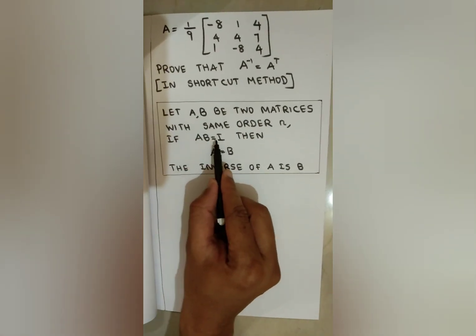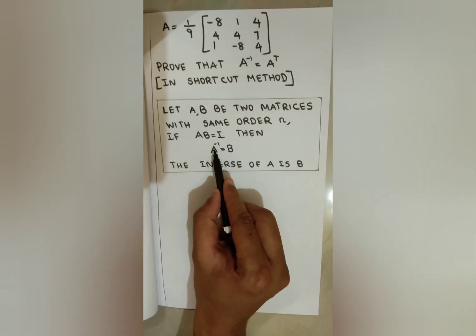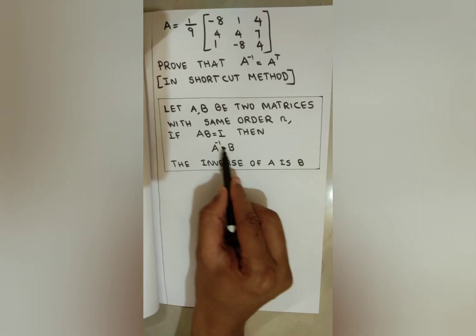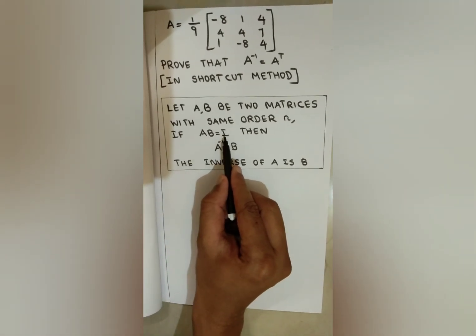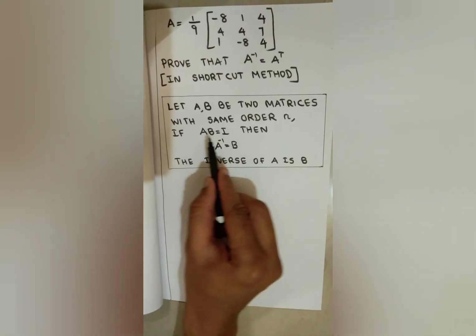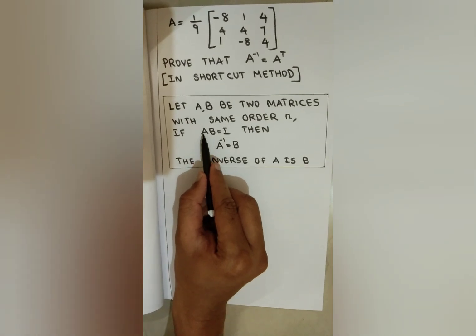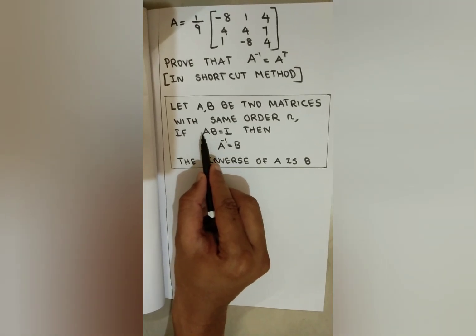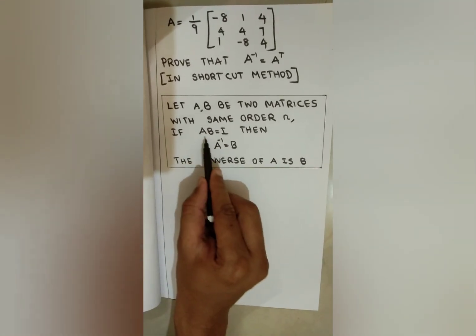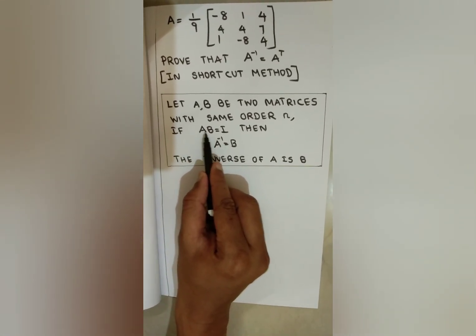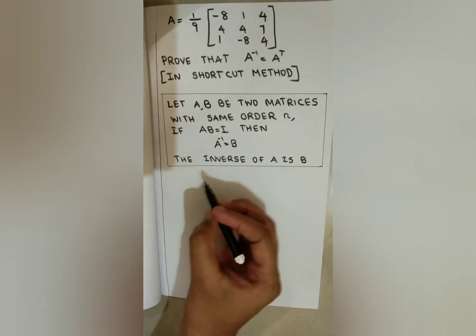If AB is equal to I, then A inverse equal to B. If you multiply two matrices and it results the identity matrix, then the inverse of first matrix is the second.